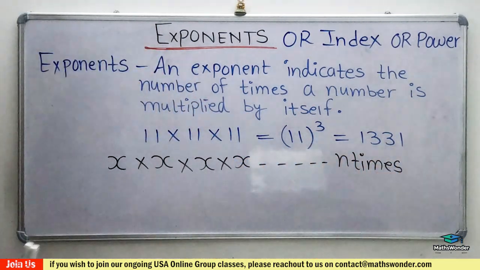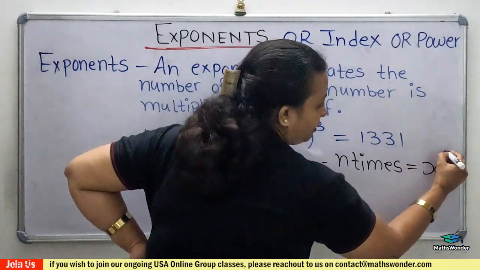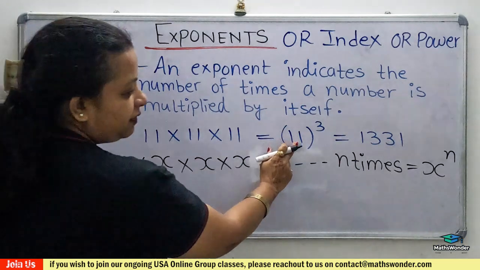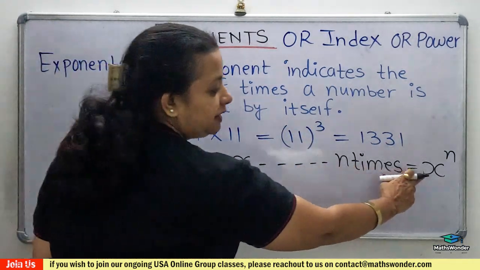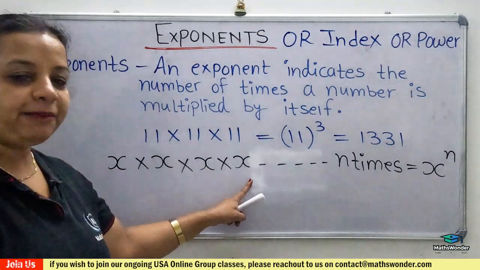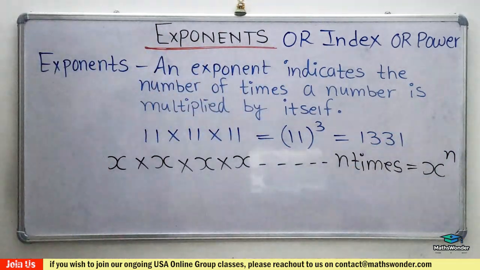We don't know how many times, so n times, and it is denoted by x raised to the power n. If x is repeated 3 times, you will write x raised to the power 3. If x is repeated 10 times, you will write x raised to the power 10. If x is repeated 15 times, you will write x raised to the power 15.